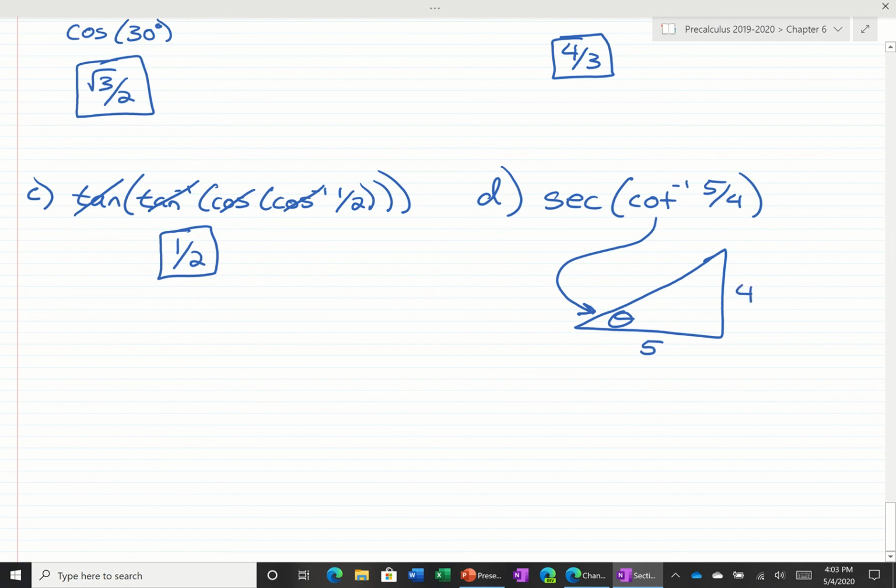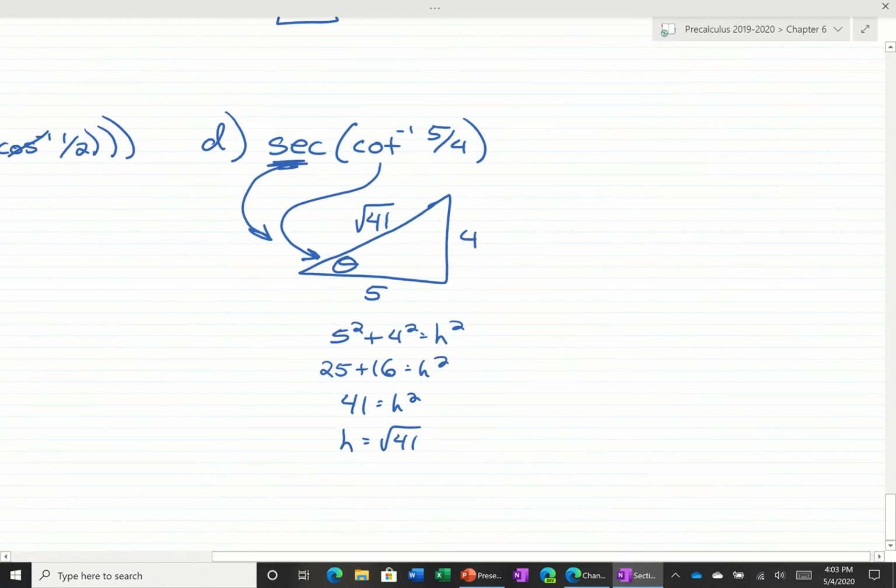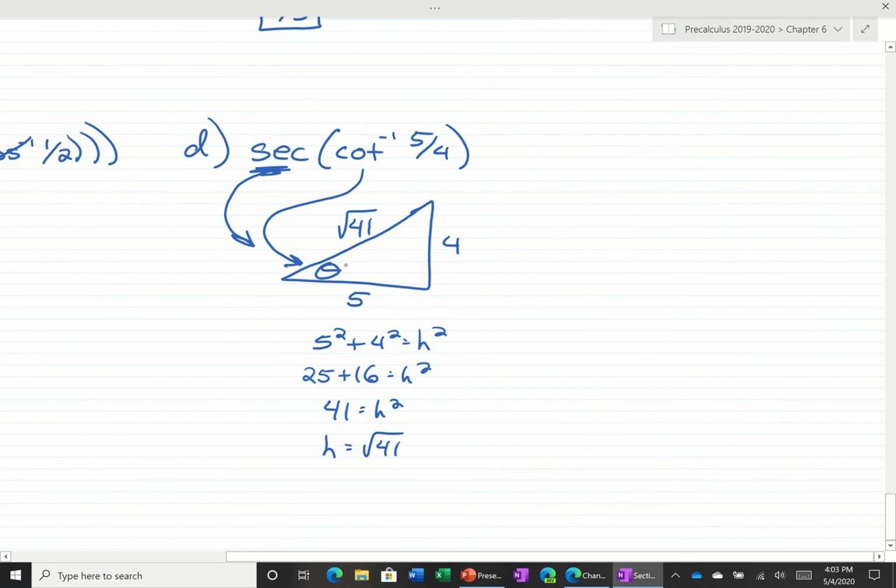So now we want to know what's the secant of that angle that the inside gave us. We have to use Pythagorean theorem here. 5 squared plus 4 squared equals the hypotenuse squared. 25 and 16 is 41. So the hypotenuse, remember, is always positive. It's the square root of 41. So for this triangle, what's the secant? Well, the secant, it's the reciprocal of cosine. So it's hypotenuse over adjacent, √41/5.